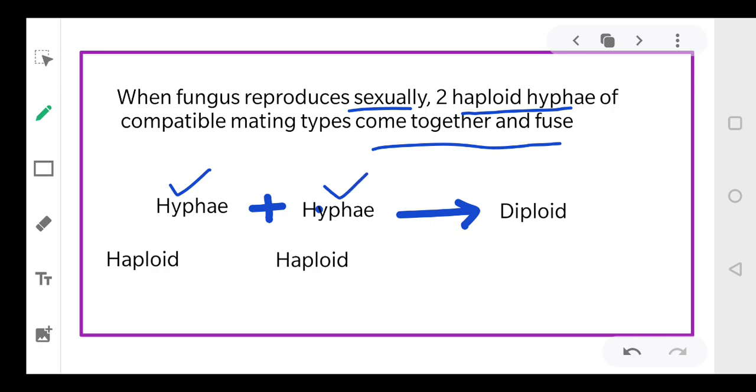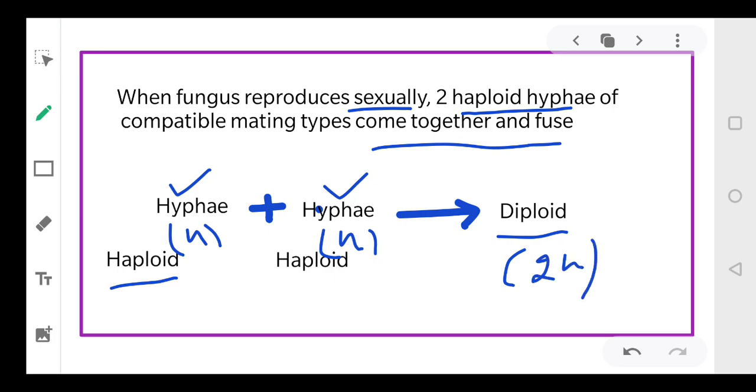Both of them are haploid, meaning they contain N. Both of them will fuse to form a diploid structure which is 2N, having double the number of chromosomes.